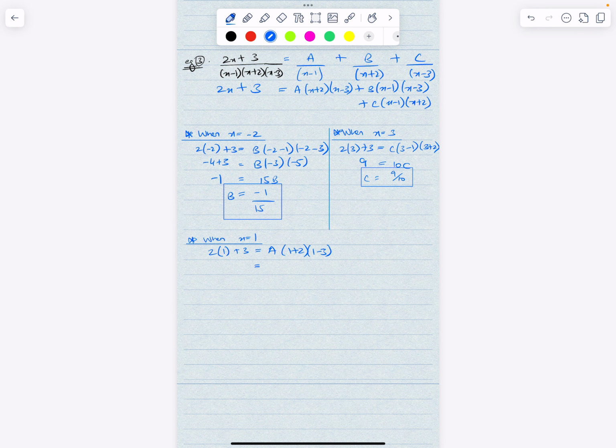And A is 3 into minus 2, minus 6A, and on this side I'll have 5, and A turns out to be minus 5 over 6.